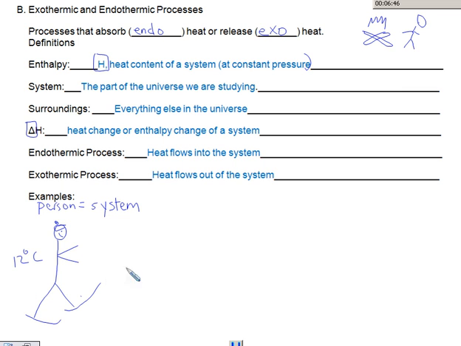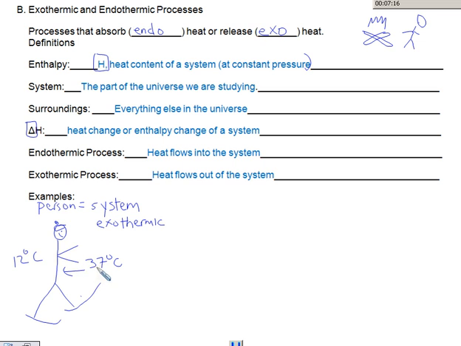So if this person is skiing and the temperature is colder than body temperature, this person is actually exothermic because the person is releasing heat to the air. Because remember, your typical body temperature is about 37 degrees Celsius.